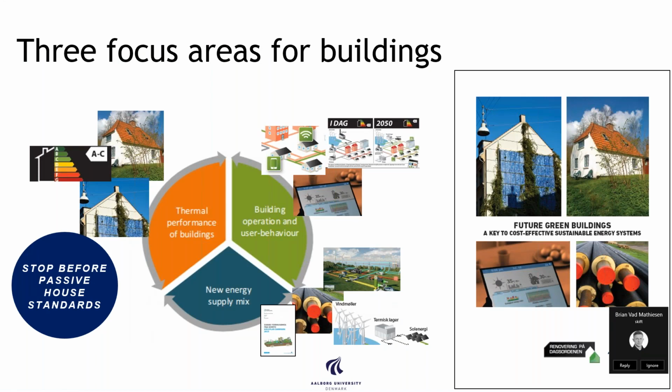In order to understand the context of heat networks, we also need to understand the buildings and the demands that we have. And we have divided those issues into three. We talk about the thermal performance of buildings, where we see it is extremely important to make energy savings and energy renovation of the existing building stock.